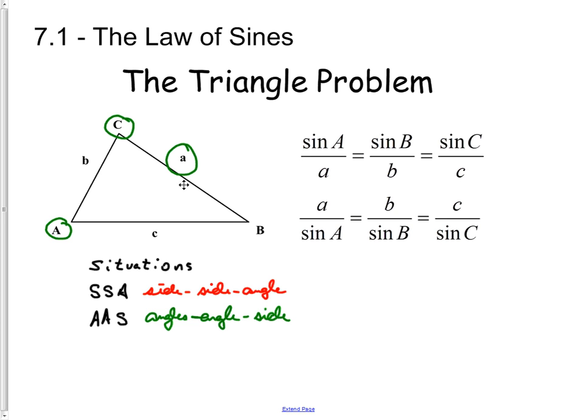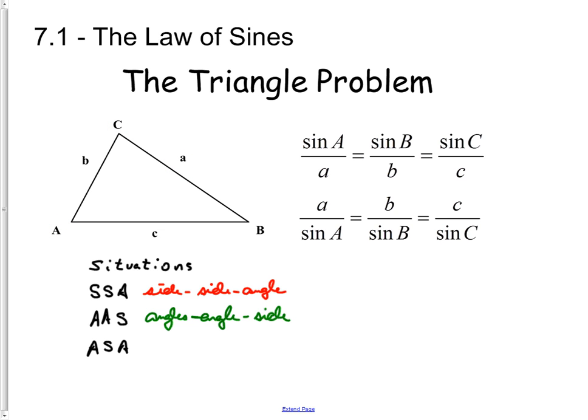But we have to have enough information to build at least one of these ratios. Well, there's one other situation that we can use right here. We're going to call this one angle-side-angle. The way it works is this.